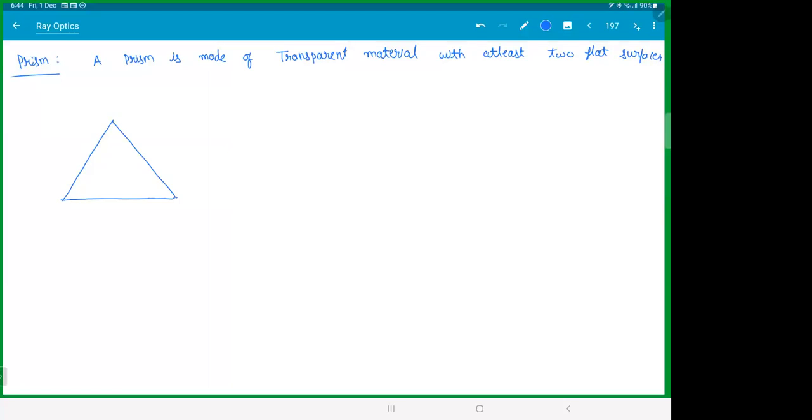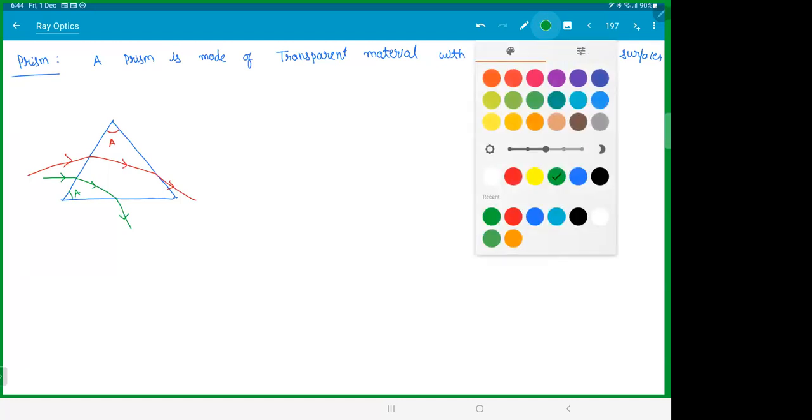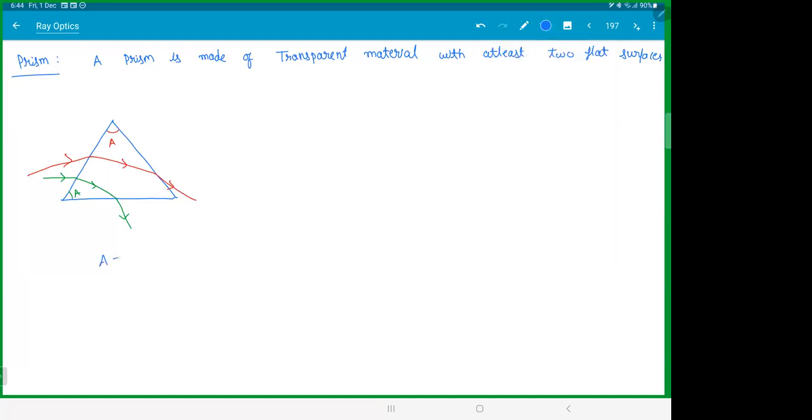Now we define something called the angle of prism. This is important. If a light ray hits like this and comes out, this is the angle of prism. But if a light ray enters like this, hits here and comes out this way, this is the angle of prism. So be careful, every time, the top one is not the angle of prism. The angle of prism is defined as the angle between the two surfaces where the light ray enters and emerges.